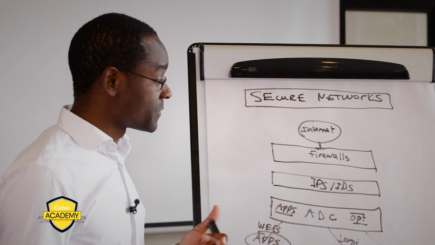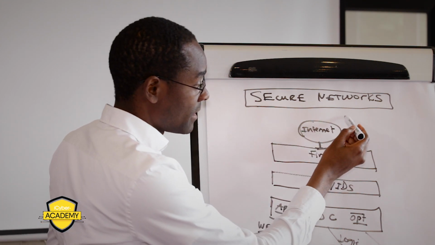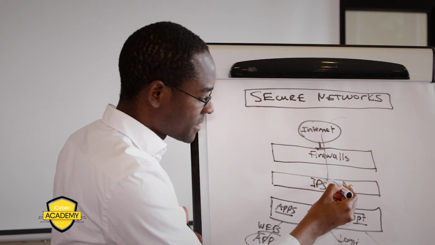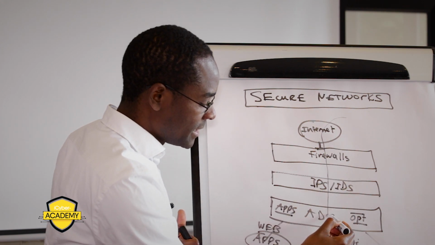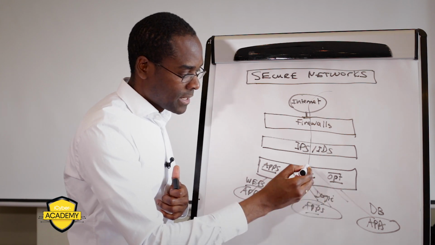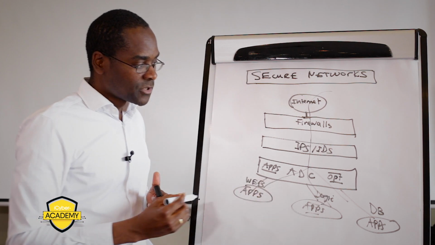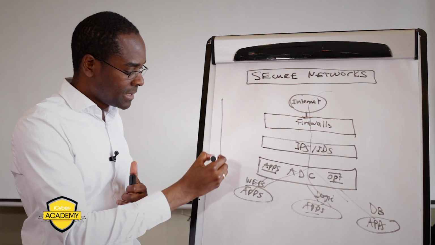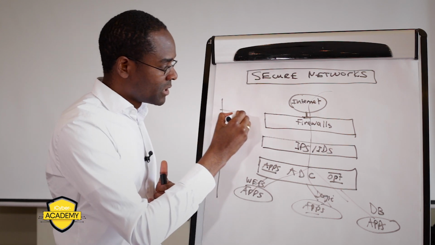So traffic must flow via our internet connection, through our firewall, through our IPS/IDS, through our ADC, and then finally, depending on where traffic is going, to our backend system. You can see here that at every single layer we have the opportunity to provide some sort of monitoring.